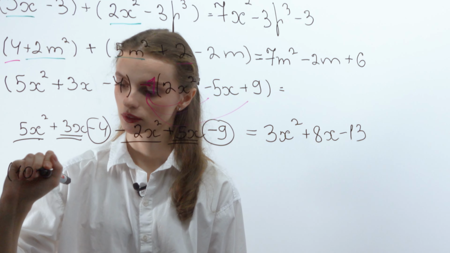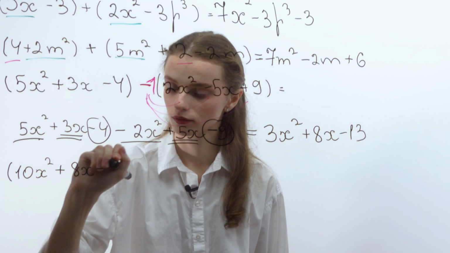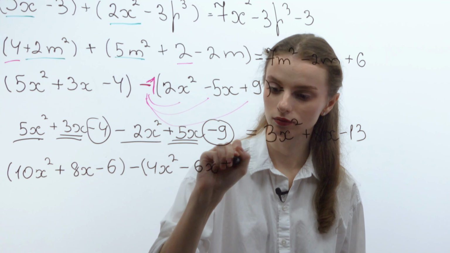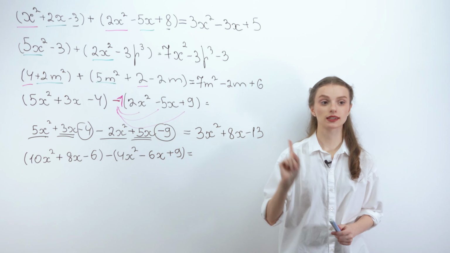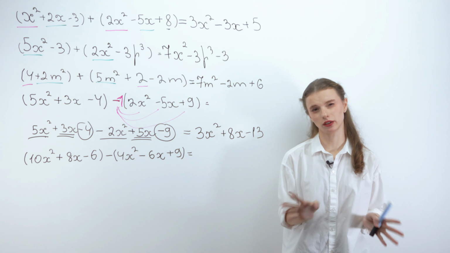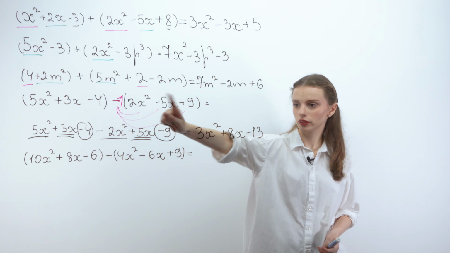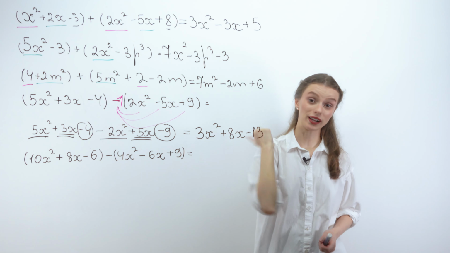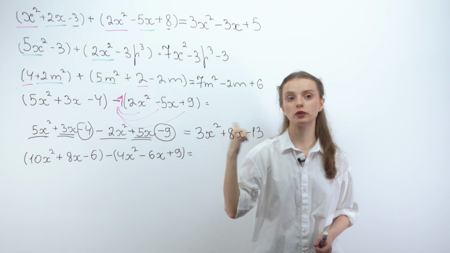In this example, I have 10x squared plus 8x minus 6 minus open parentheses 4x squared minus 6x plus 9. I'm going to show you the other way how you can do it. You will pick which method you prefer the most, either multiplying everything by -1, write it down, then combine like terms, or what I prefer to do, I'm just going to switch all the signs.